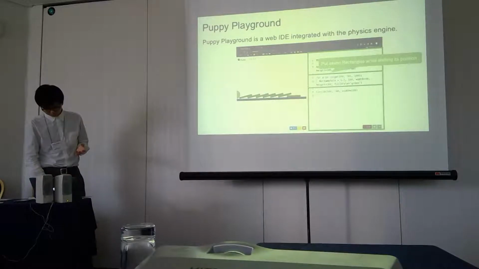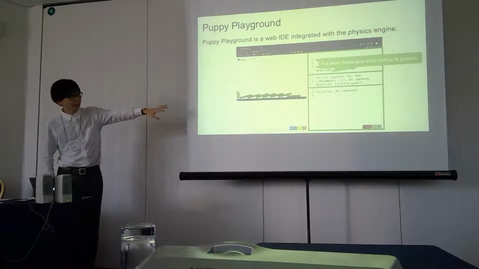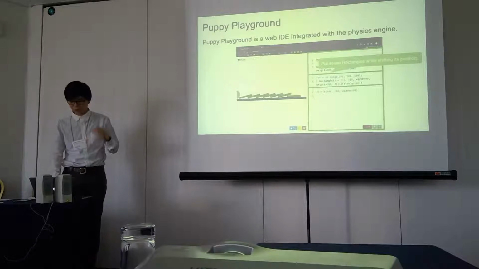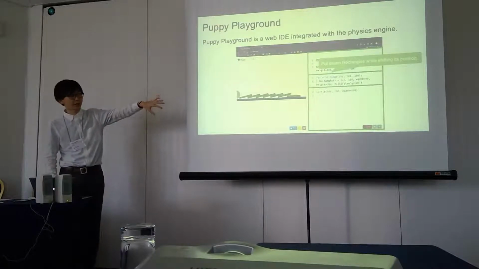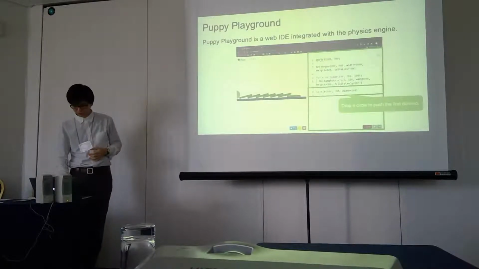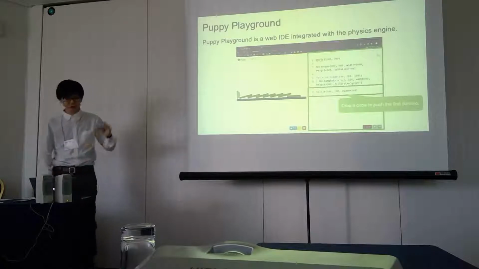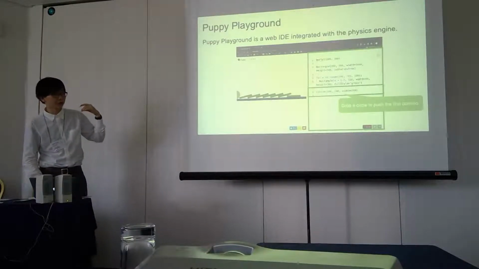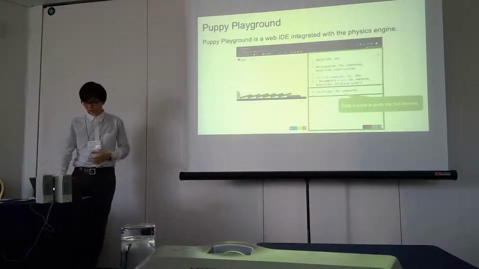And by this for loop like Python, you put 7 rectangles by shifting the position. Finally, you drop a circle to push the first block.